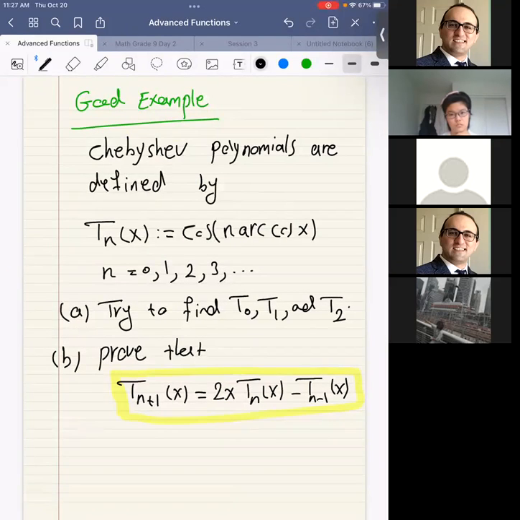Now, this is a more complex recursive formula, because first of all, it's about functions and it's more involved. Okay, let's go back to our original question. I want you now to find T0, T1, and T2 of x. Just plug in n equal to 0, n equal to 1, and n equal to 2 into this formula.